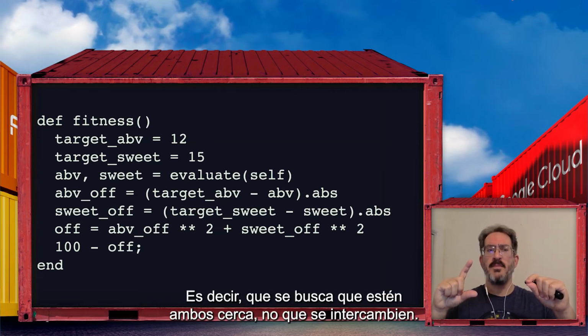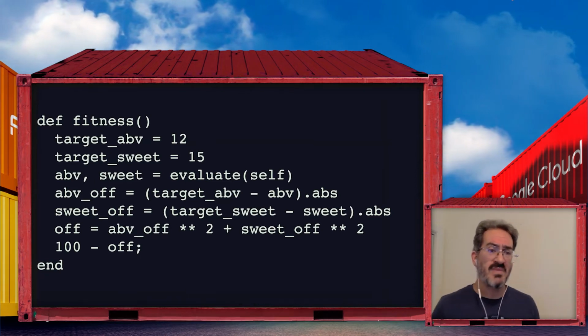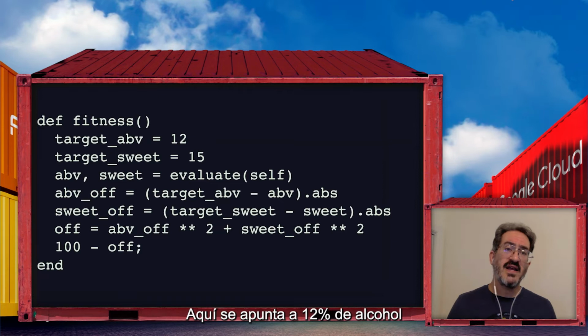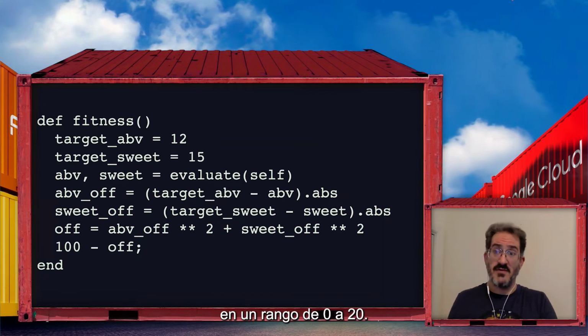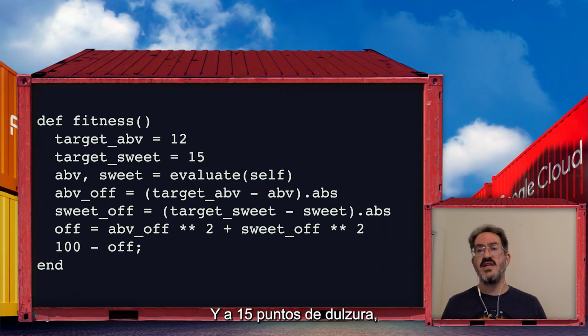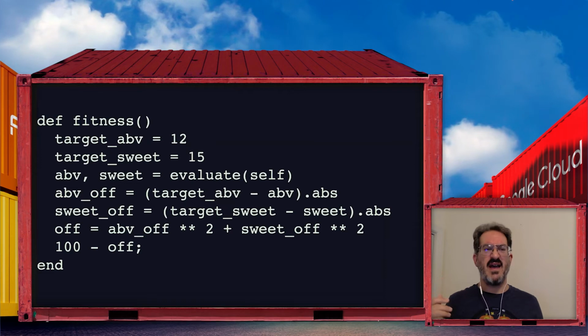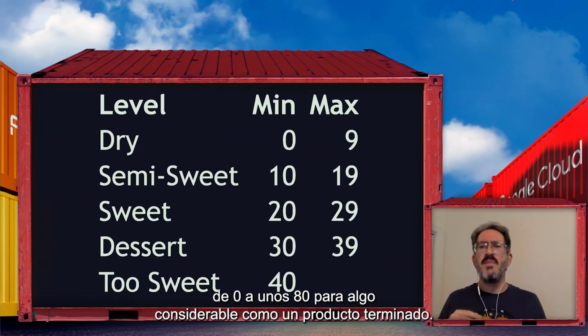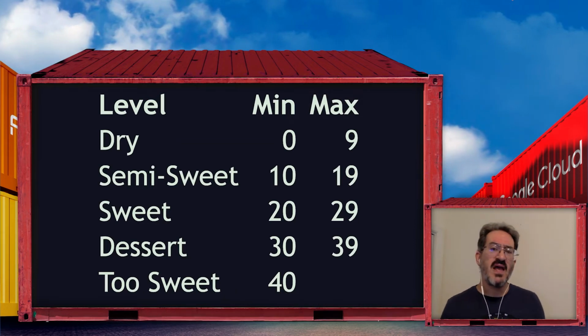In other words, we want them both close, not just trading off one for the other directly. You can see here we're targeting 12% alcohol by volume out of a range of about 0 to 20, and 15 points of sweetness, which is on a sort of custom scale of 0 to about 80 for anything reasonable as a finished product.